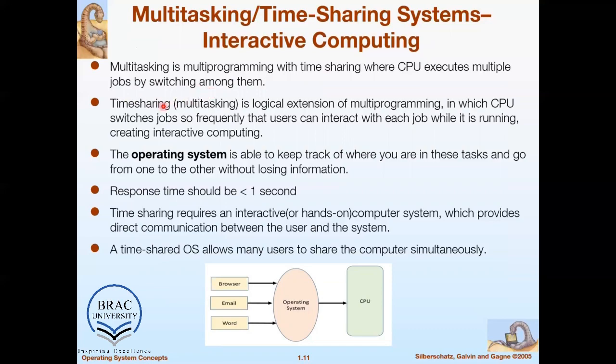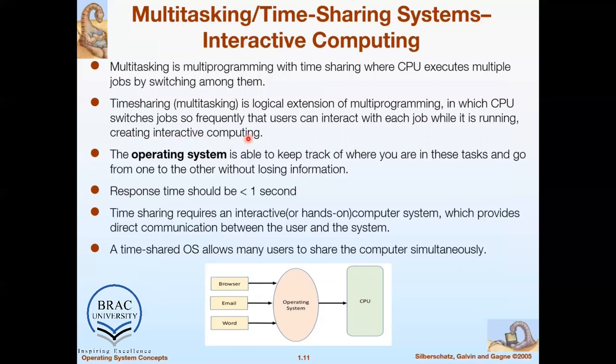The second line is: time sharing or multitasking is a logical extension of multi-programming in which the CPU switches jobs so frequently that the user can interact with the job while it is running, creating an interactive computing environment. This feature was not present in multi-programming architecture.